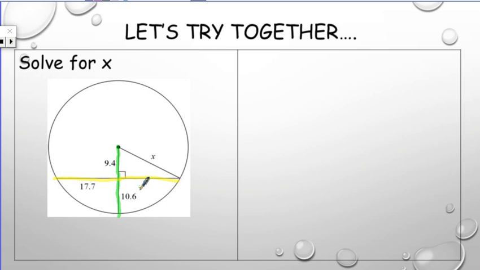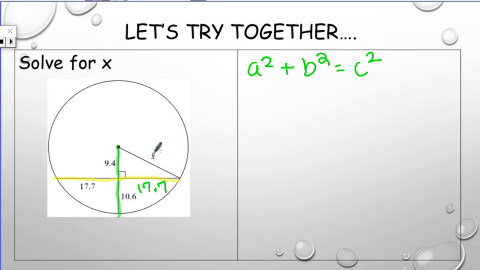So right here, this is 17.7. And if I want to find this radius right here, then I need to do Pythagorean's theorem. Since this is a right triangle, I'm going to use Pythagorean's theorem: a squared plus b squared should equal c squared.